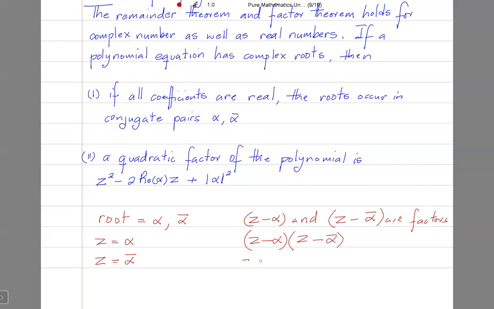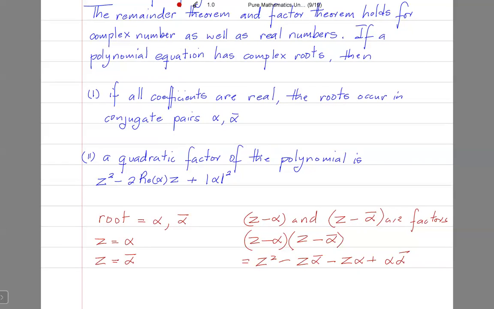If I multiply that, I'm going to get, let us say, z squared minus z alpha conjugate minus z alpha, and a negative times a negative is a positive, alpha multiplied by alpha conjugate.